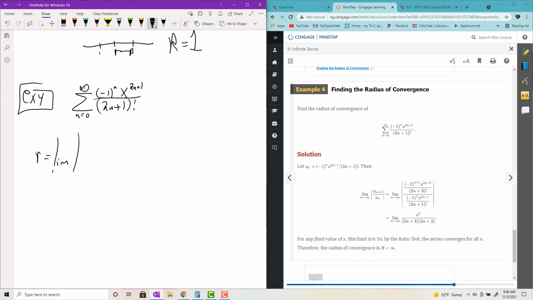So you can completely disregard that -1 portion and just plug in the x to the 2 times n plus 1 all over (2 times n plus 1) factorial divided by x to the 2n plus 1 all over (2n plus 1) factorial. Then do reciprocals.